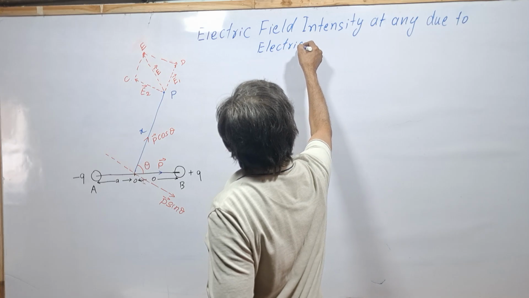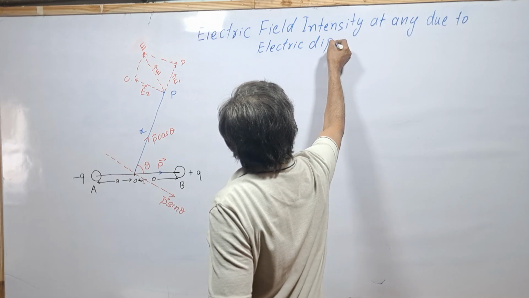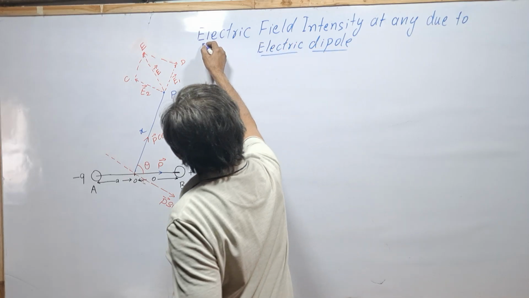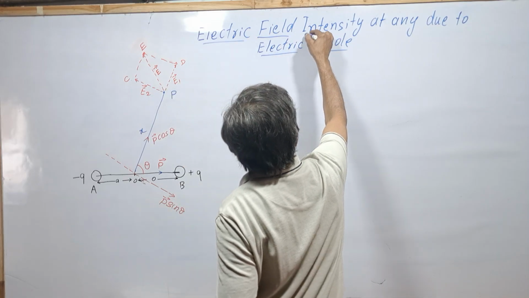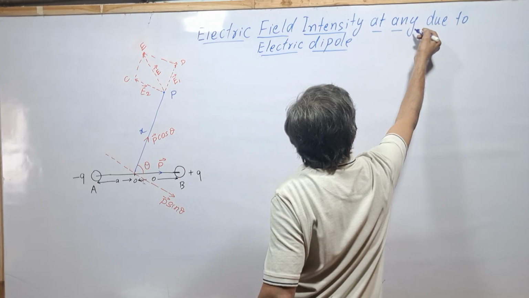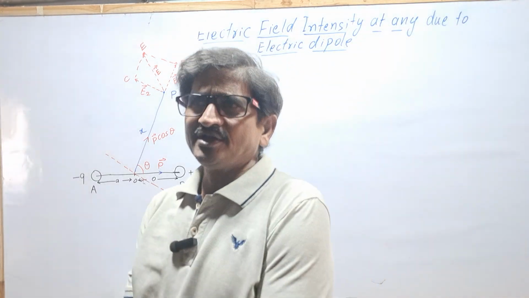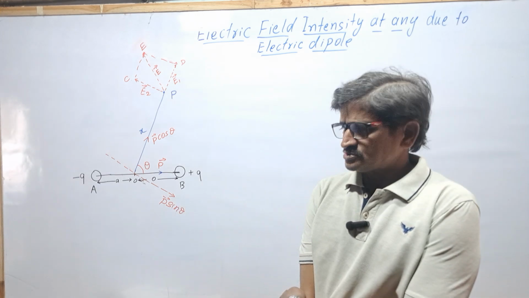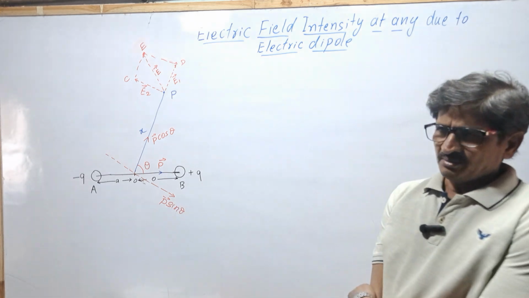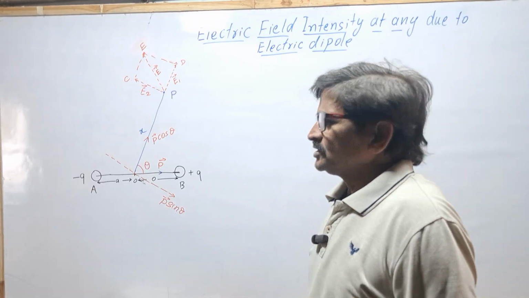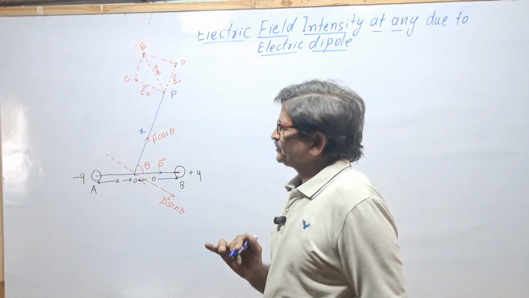Okay. So to get this equation we must be perfect in the previous two cases, that is the axial position equation and the equatorial position equation. We must remember both for this case because we are considering two cases here.